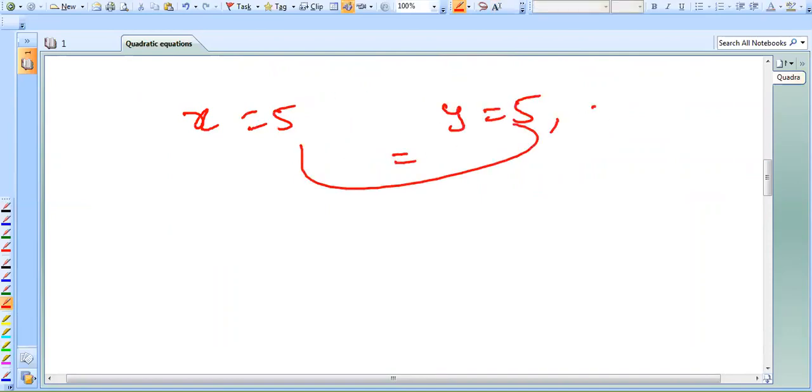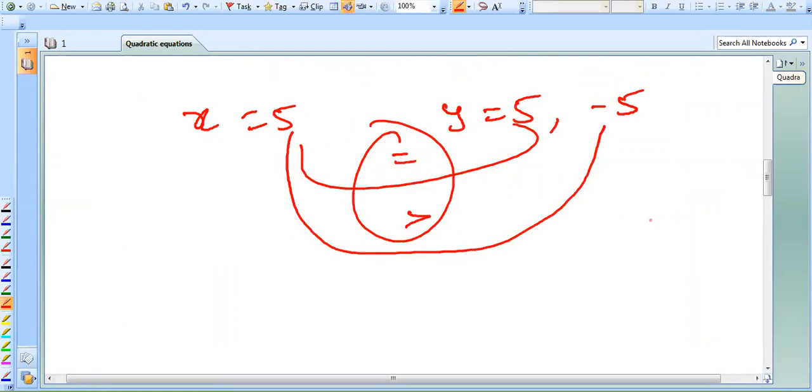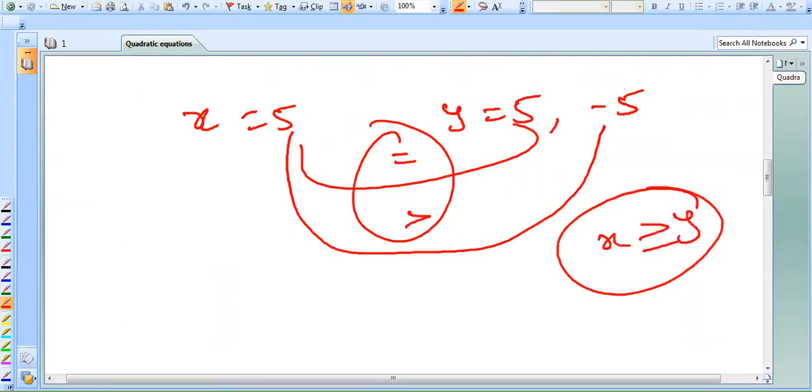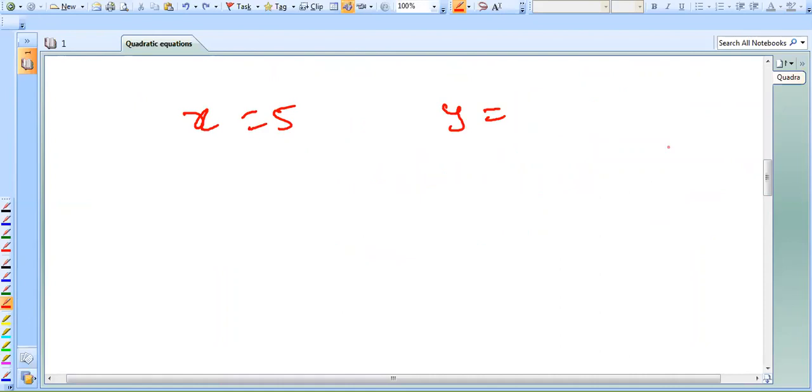If the y value is minus 5, then you have to compare 5 with minus 5, and it is greater than. Then the answer is greater than or equal to, x is greater than or equal to y. So is this clear, friends?